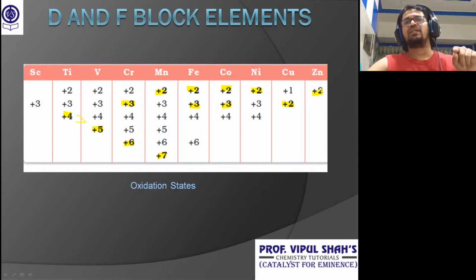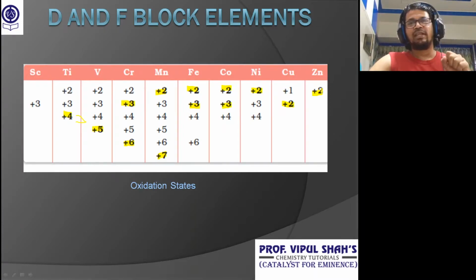So the highlighted ones are its stable oxidation states. Stability is explained on three factors. Listen carefully. One, it is with respect to the availability of unpaired electrons. If you remember, I told you what the normal oxidation state is: electrons of its valence shell. So for 3d, electrons of the 4s give the minimum oxidation state.